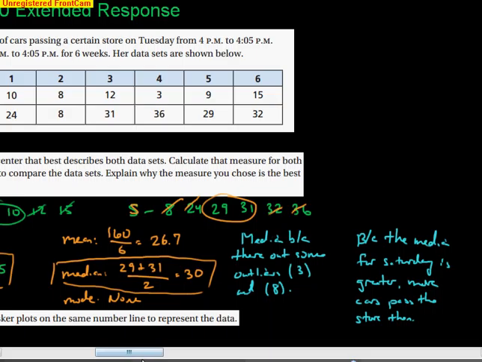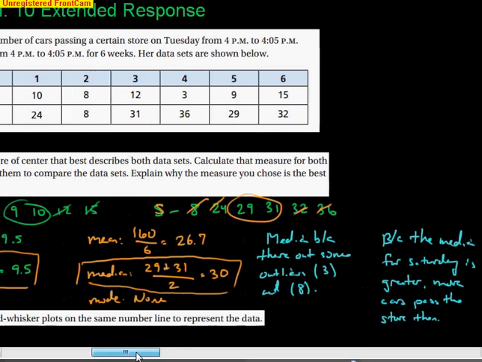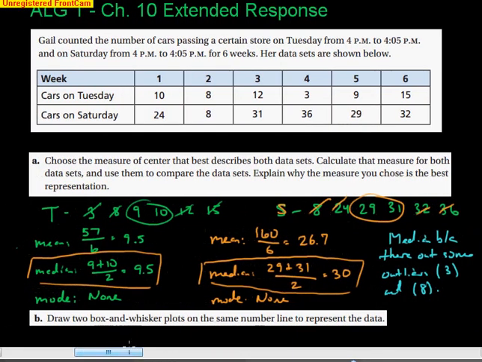So Saturday is a busier day. Okay? Alright. So again, focus on those outliers and what they do to the data.